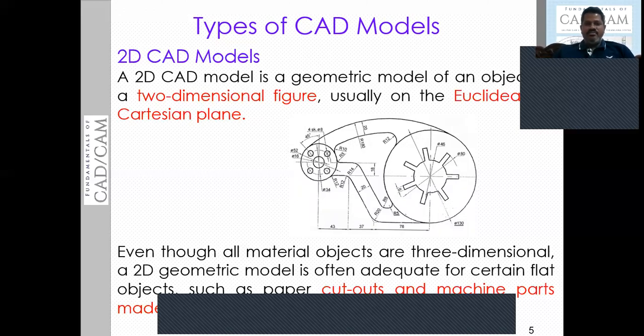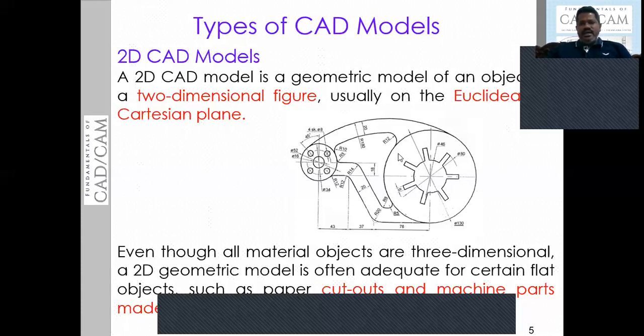You can see that type of 2D CAD model in this figure. The x-axis dimension and y-axis dimension are represented in this figure. The third dimension will not be represented.